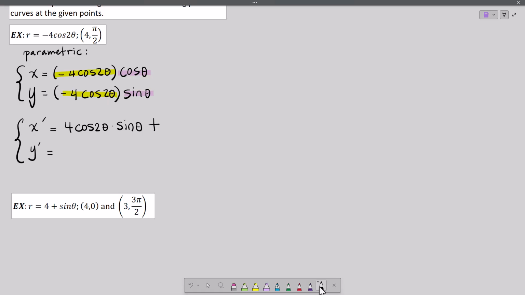The cosine's derivative is negative sine. So when we differentiate this, we're going to get a negative. The negative and the negative will make it positive. So we're going to have the 4 in front, and then sine of 2 theta, but then we also have to multiply by the derivative of the angle, so we have to multiply by 2. So we're going to get 8 sine of 2 theta multiplied by the second function.